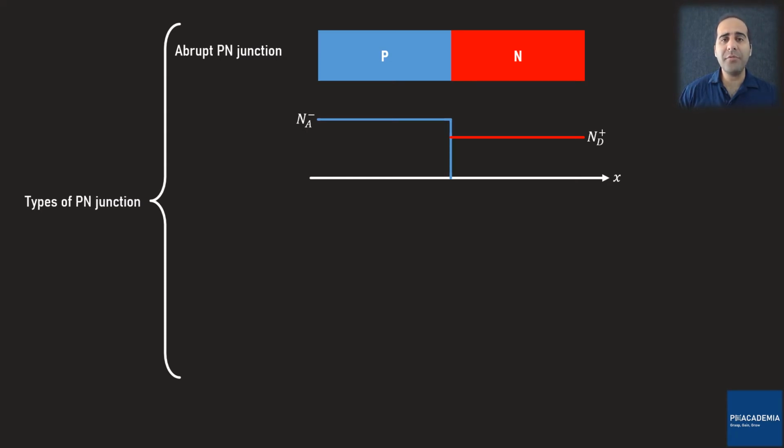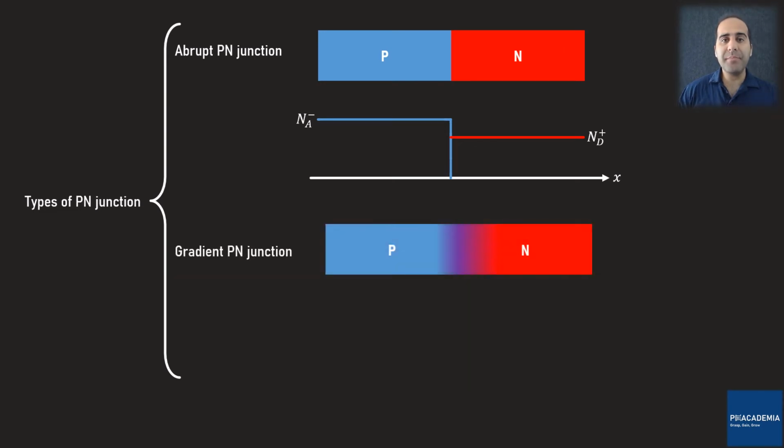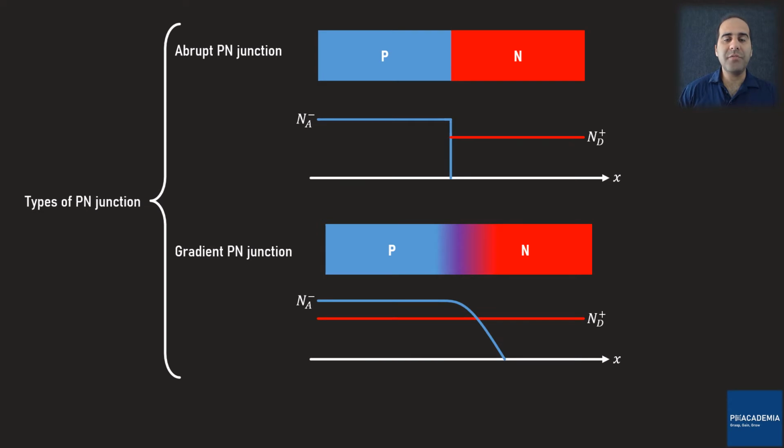The second type of PN junction is the gradient PN junction. In the gradient PN junction, the transition between P and N happens at a low gradient. The majority charge carrier concentration versus the x-axis in the gradient PN junction is shown here.